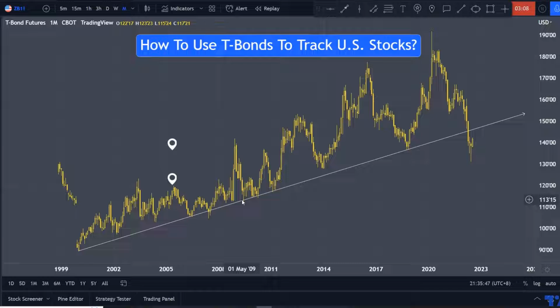There's some false break here. 5, 6, 7. I would say that over the last 22 years, we witnessed a very solid uptrend line on the bull market for the US T-bonds market, because we are looking at the T-bonds futures monthly chart over the last 22 years.